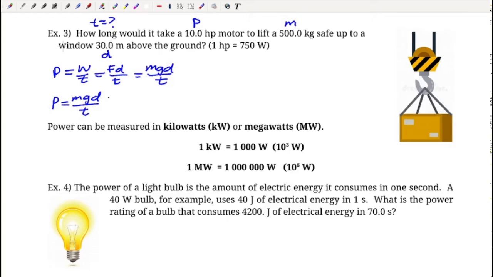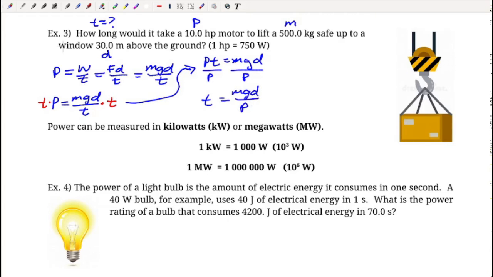So I'm going to multiply both sides by time. So I've got now power times time equals mass times g times d, and I need to get time by itself, so divide out your power. So I get time equals mgd over P.